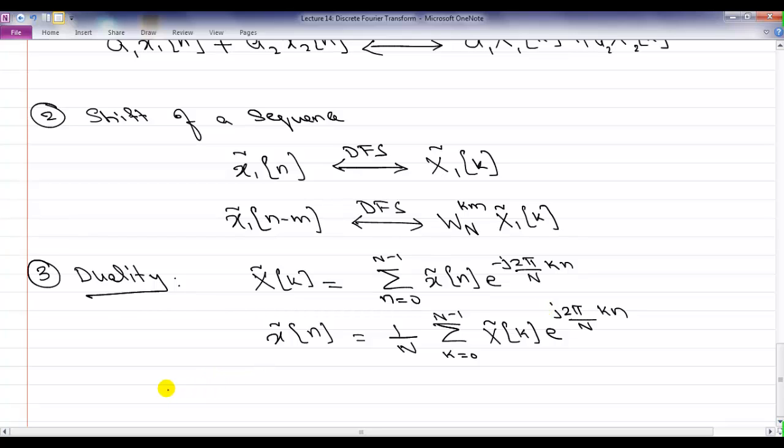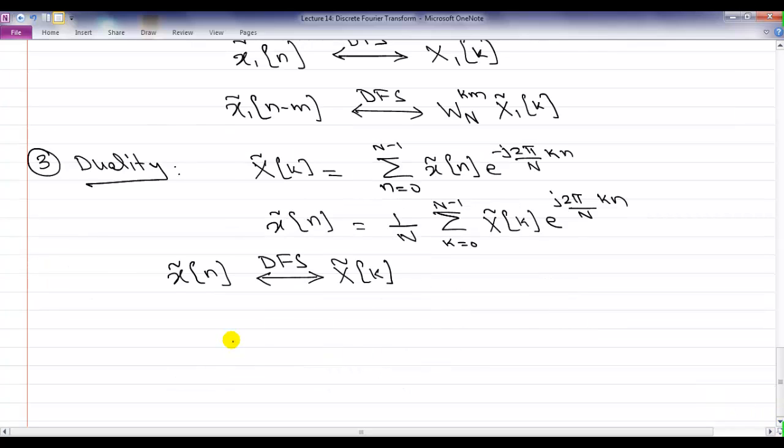Okay? And so what the duality property says is that if you have a discrete Fourier series of x tilde n, and now you take that x tilde of k and assume that to be your time sequence, and you compute the discrete Fourier series coefficients of that, it will be given through this x tilde of n, with the difference that there is, of course, the scaling factor of capital N, and there is a time reversal.